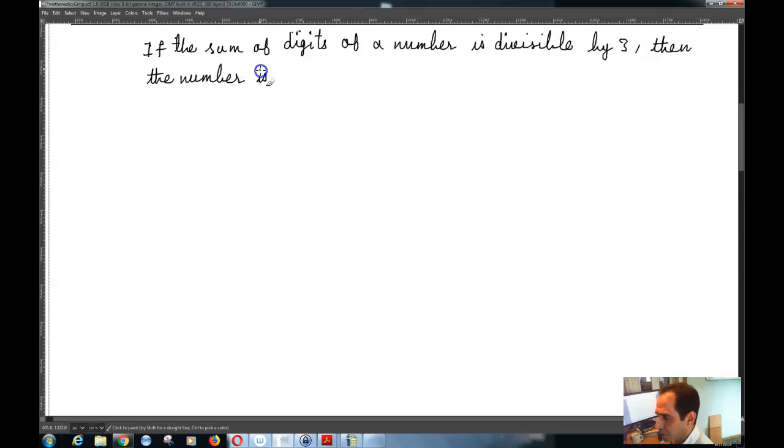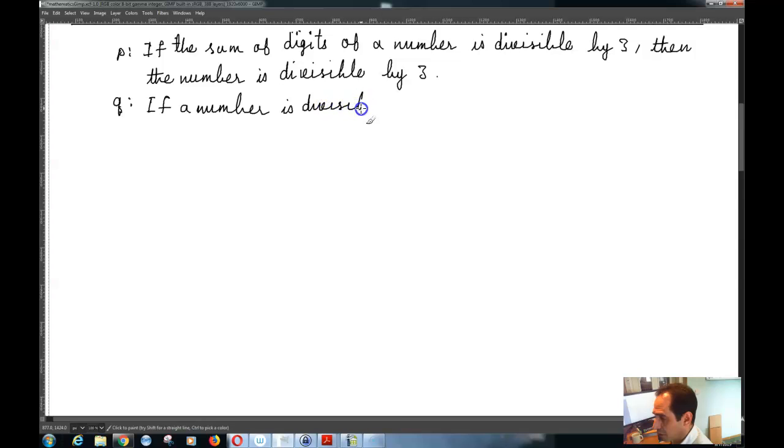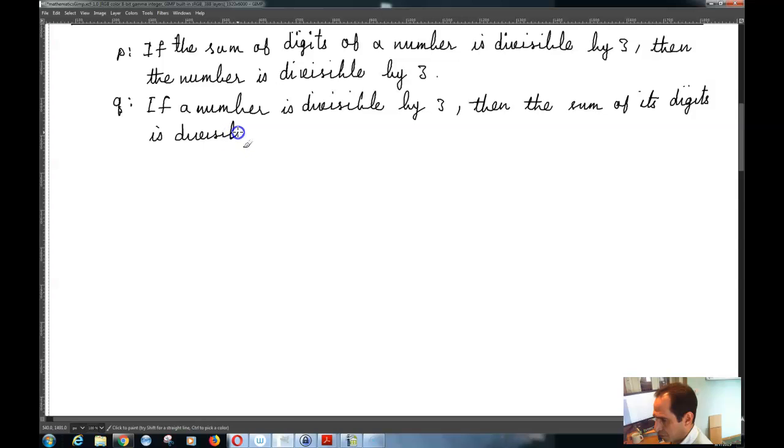This is P, and then you have Q as well, which is: if a number is divisible by 3, then the sum of its digits is divisible by 3.